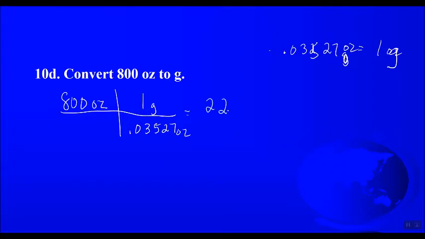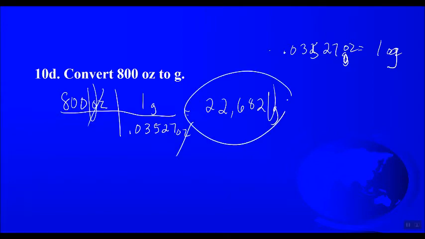I got 22,682 grams. No decimal places, no decimal places. All right, that's it. Hopefully, you have a good grip on factor labeling.